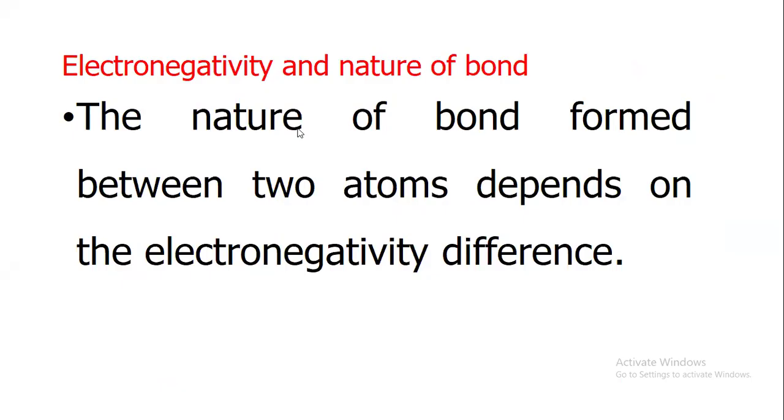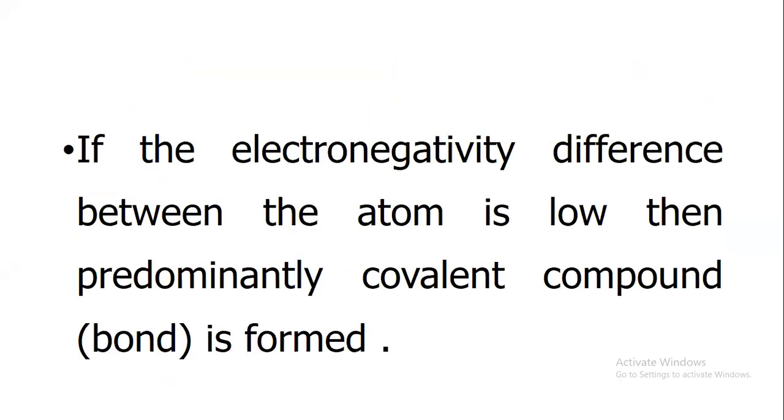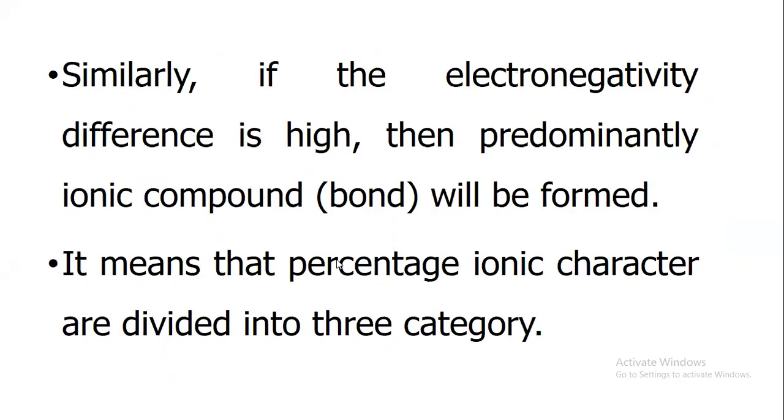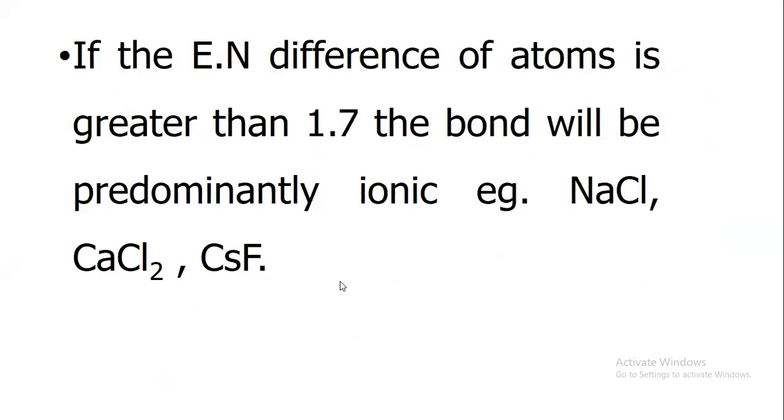The nature of the bond formed between two atoms depends on the electronegativity difference. If the electronegativity difference between the atoms is low, a predominantly covalent bond is formed. If the electronegativity difference is high, then predominantly ionic compounds will be formed. It means that percentage ionic character is divided into three categories.